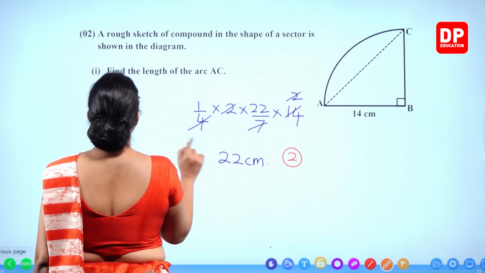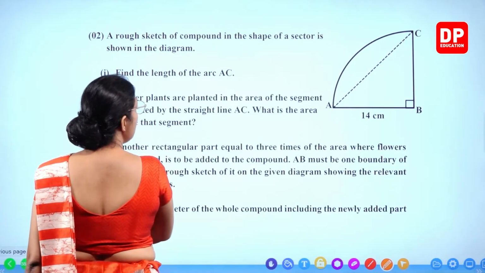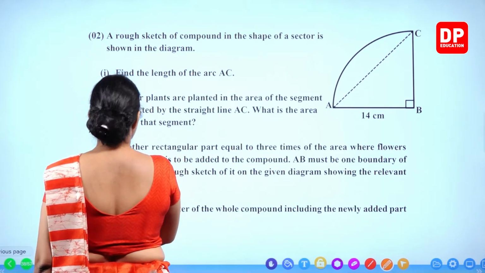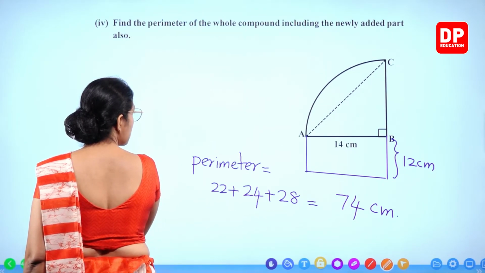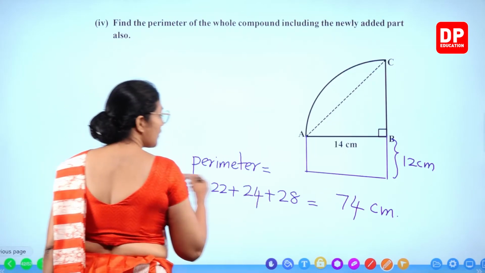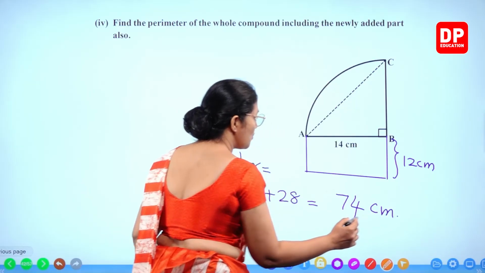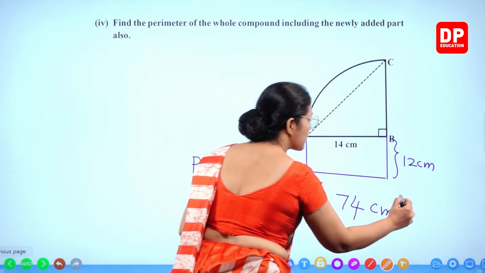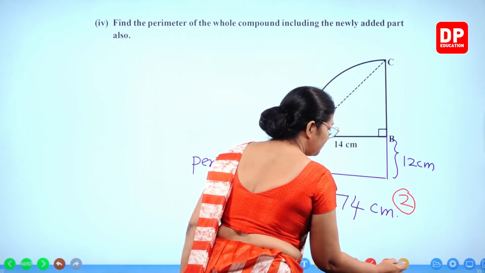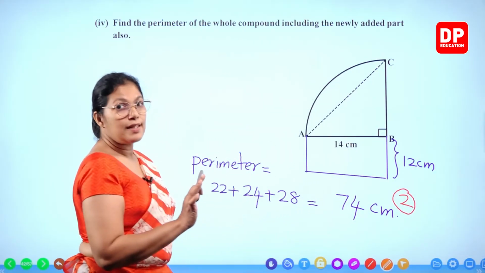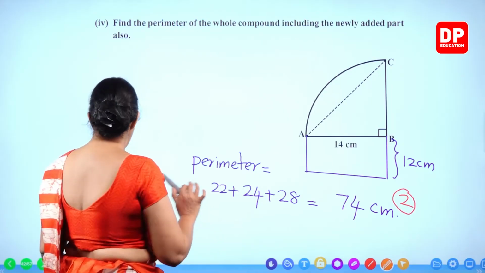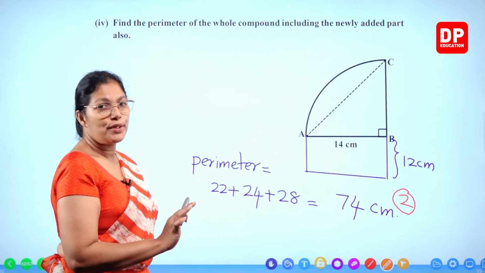So everything is given in centimeters, so you have to write in centimeters there. So you get 2 marks. So we did all parts in question number 2, and we gave 10 marks for the whole thing.